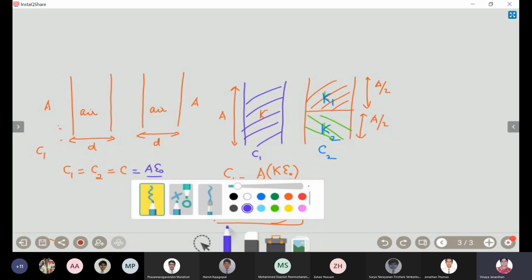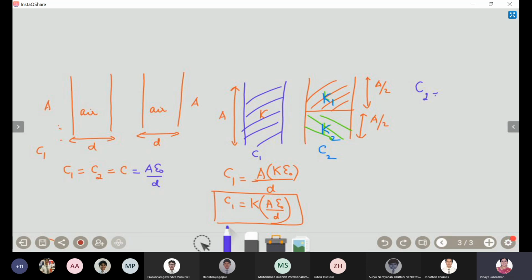What will be C2, boys? Because you have a dielectric medium, K1, and A becomes A by 2, epsilon naught. D will be the same, right? Sorry, this is not C2. I'll take something else, because if I write C2, then it will be a problem.